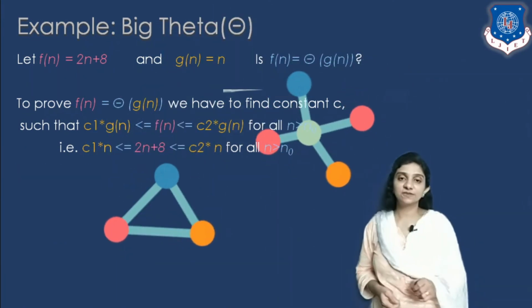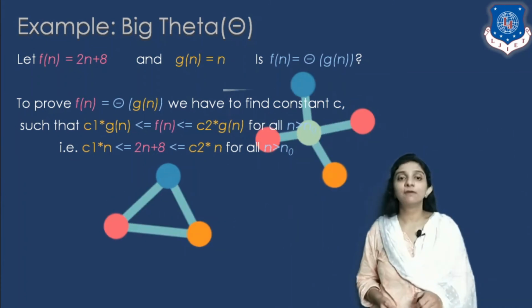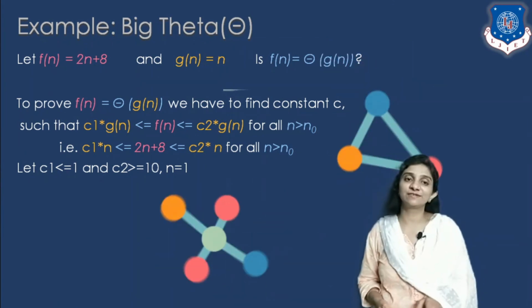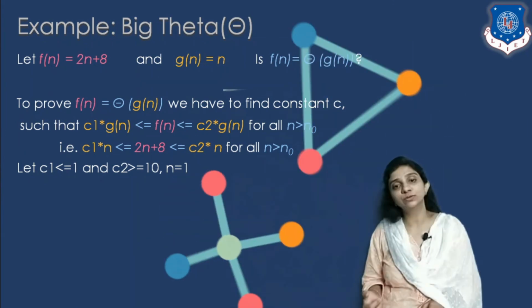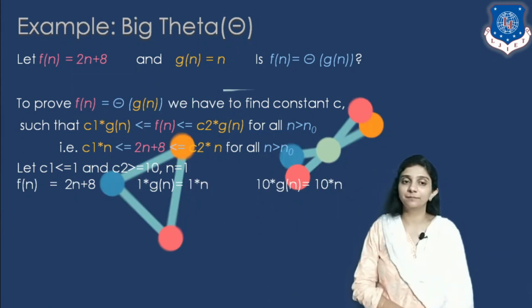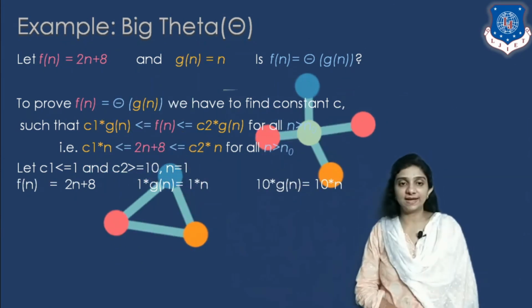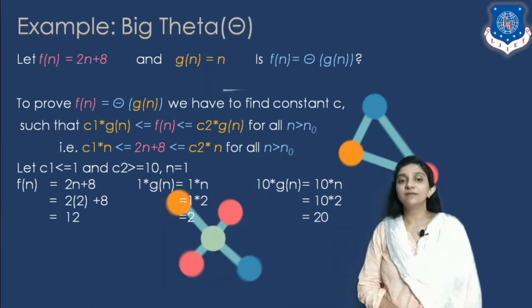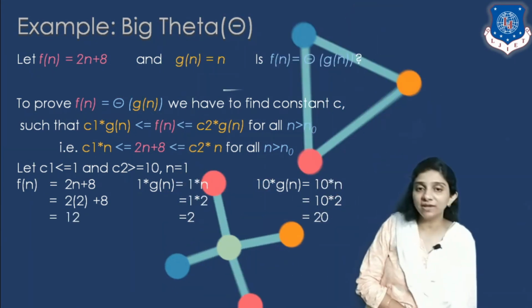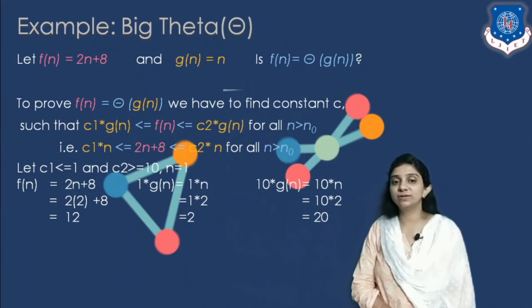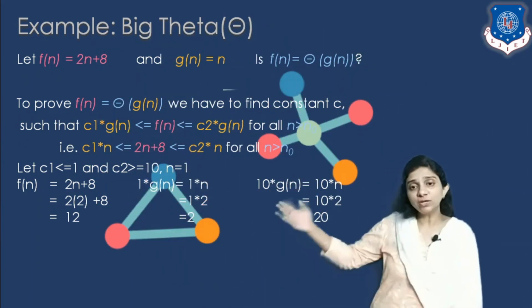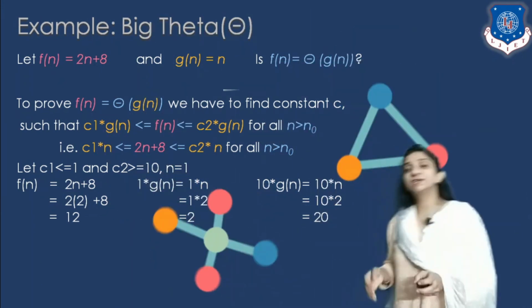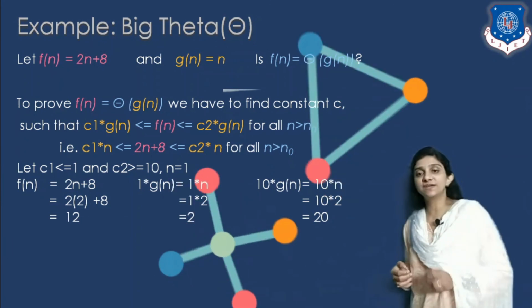Now, does this condition also hold for n equals 2? Let us check it out. Again, we will not change our constants. c1 is still 1 and c2 is still 10. So f of n is 2n plus 8, that is 2 into 2 plus 8, which equals 12. c1 g of n is 1 into n, that is 1 into 2, which equals 2. c2 g of n is 10 into n, which is 10 into 2, which equals 20.